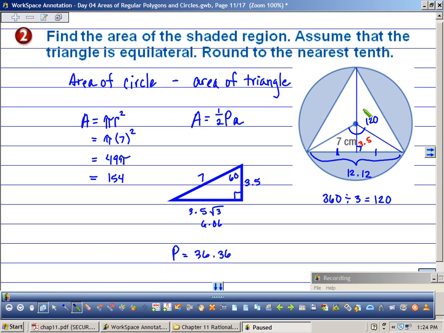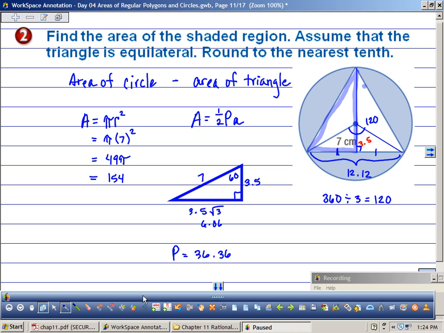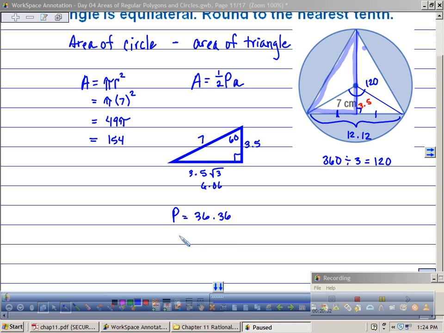Now that's where the book takes it even further. They say, well, if I know that, then I can find this 30, 60, 90 triangle. They get the height and they have the base. Why go that far when we already know that the area of any polygon is going to be half the perimeter times the, I keep forgetting it, the apothem.